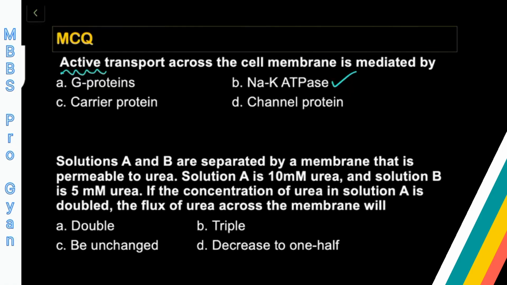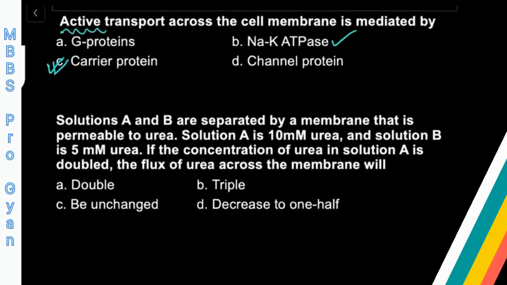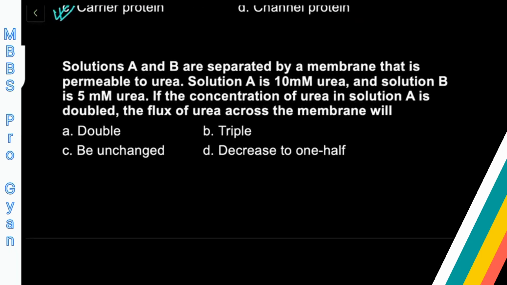That is also carrier protein. So if we think of primary as well as secondary active transport, in both cases the protein required is known as carrier protein. So the better answer of this question is carrier protein, although the second possible answer is the sodium potassium ATPase pump, because you have to consider both primary and secondary active transport.